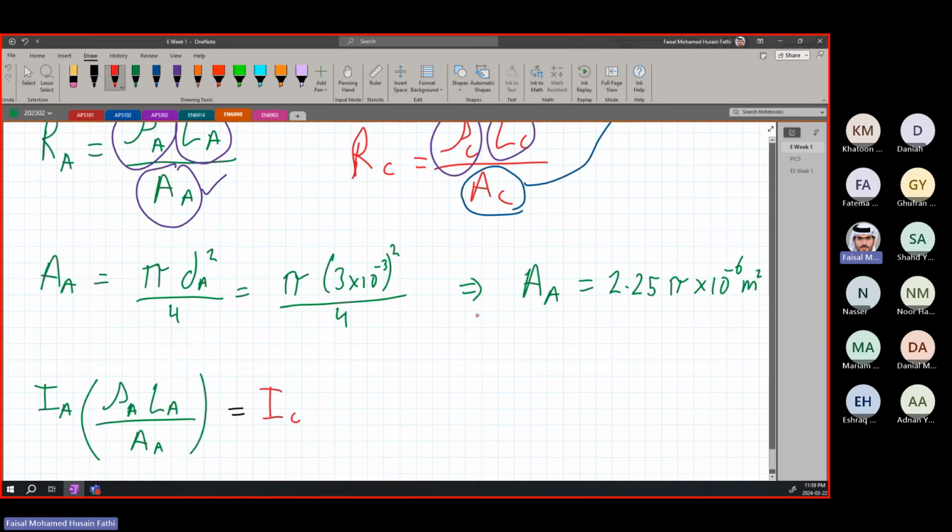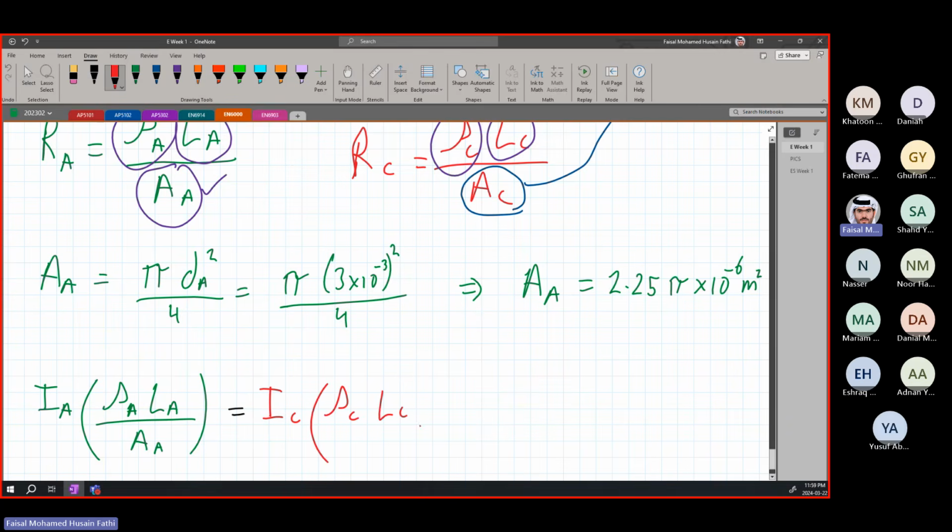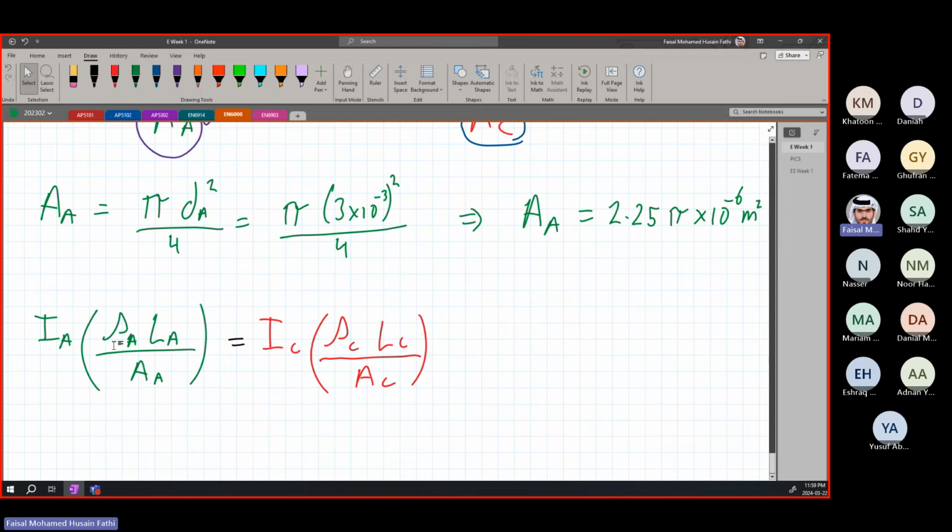So we'll put these values in: rho C, LC over AC. So this is what we have done so far. We just substituted everything back in, no confusion. But keep in mind, we have the values for all of these numbers, except for one, AC.